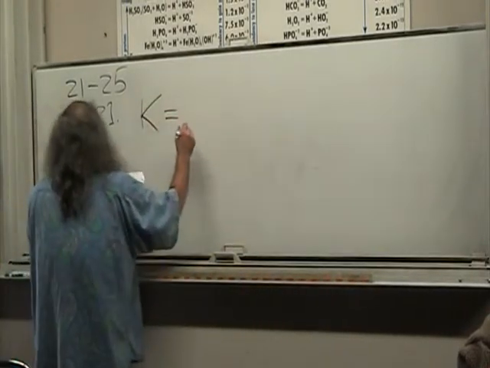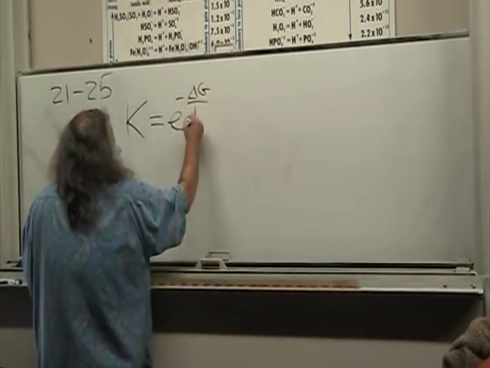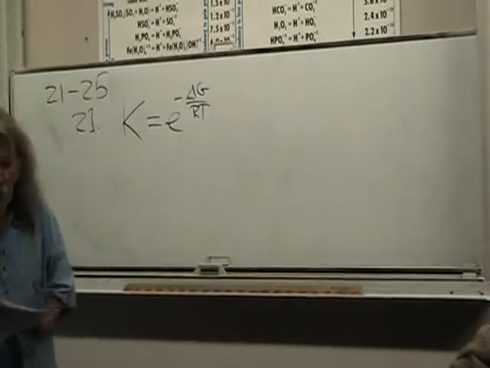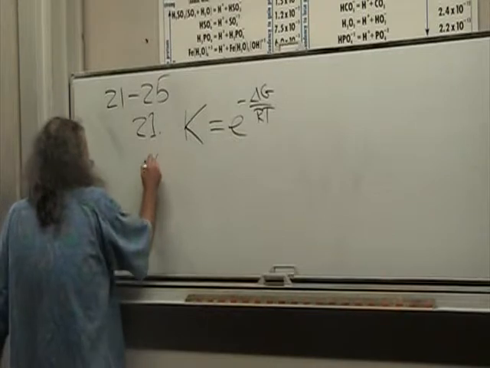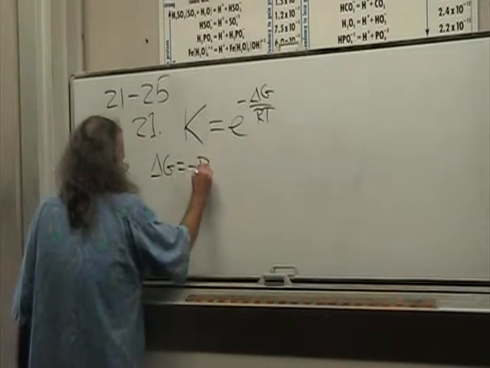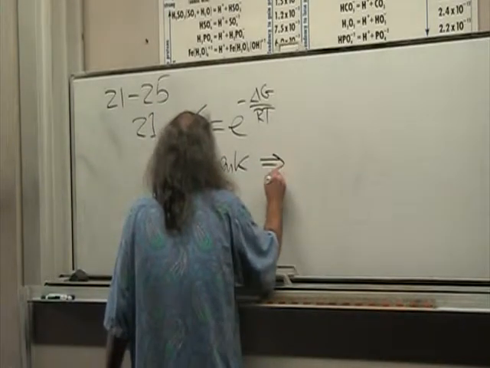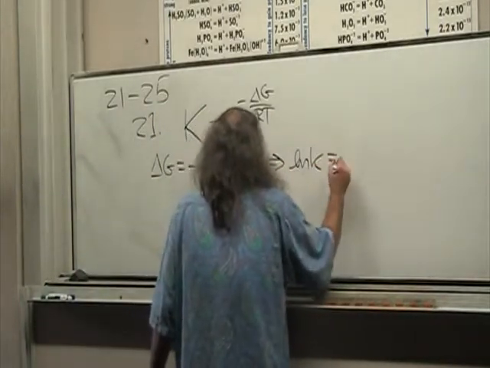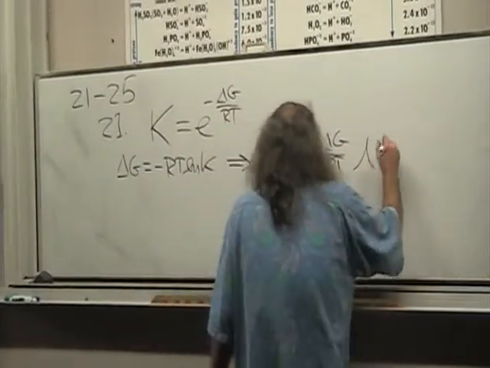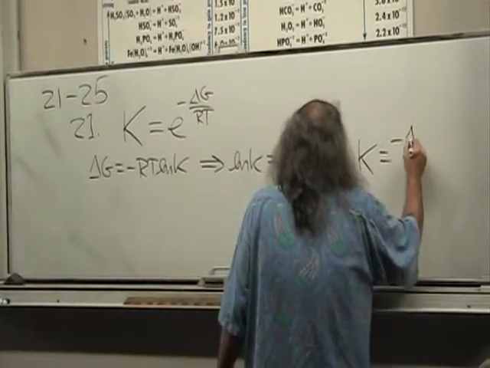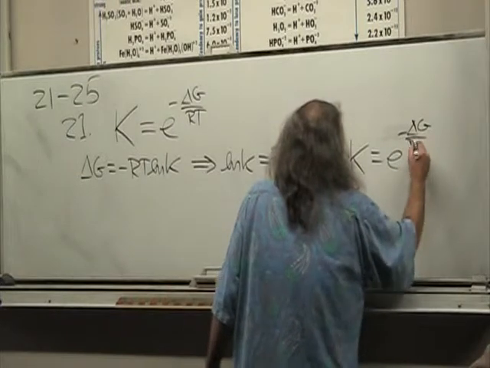21 is, this is easier to write. K is equal to e to the minus delta G over RT. And that is simply a rearrangement of, since we know that delta G equals minus RT natural log of K, therefore I can say the natural log of K is equal to minus delta G over RT, and K equals e to the minus delta G over RT.